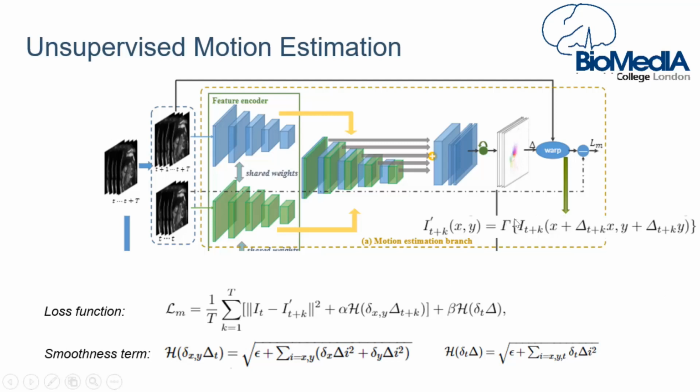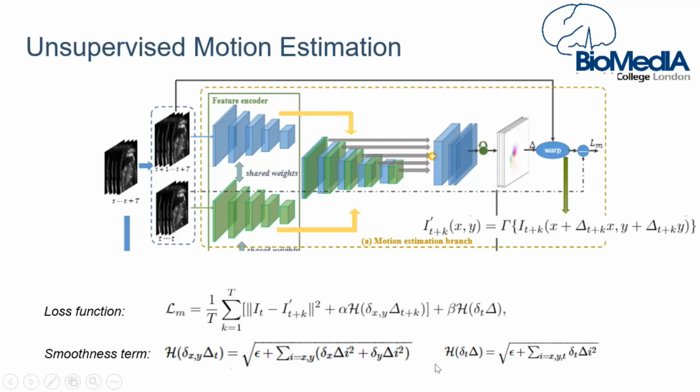To train the spatial network, we propose to minimize the pixel-wise mean squared error of the intensity differences between the target frames and the transformed frames. To ensure local smoothness, we penalize the gradients of the flow map using an approximation to the Huber loss proposed here.